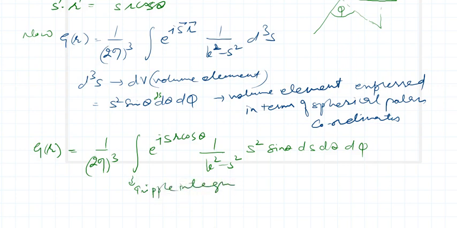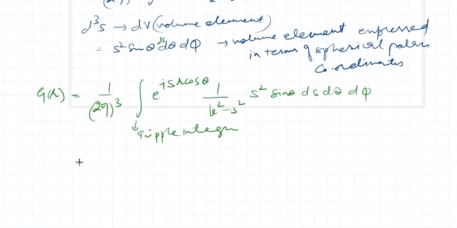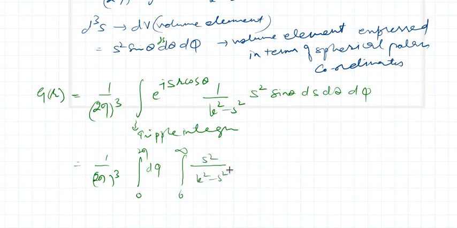So let me write down this integral in another way: 1 over (2 pi) raised to power 3, integral 0 to 2 pi d phi, and integral 0 to infinity of s square over k square minus s square ds, and integral from 0 to pi of e raised to power iota s r cos theta sin theta d theta.